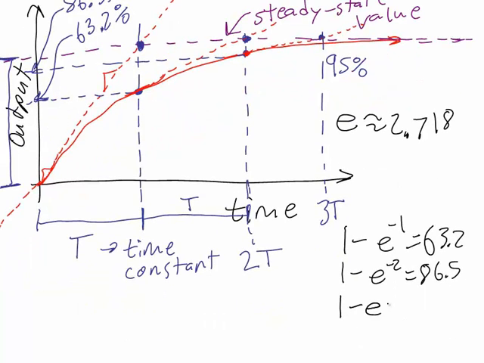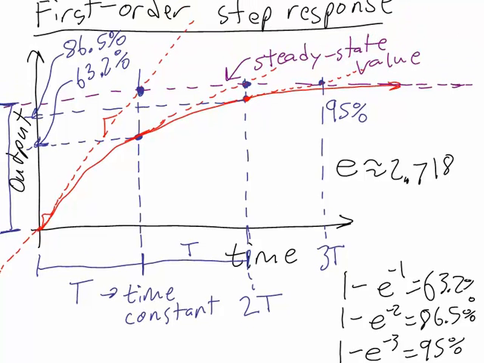If we take the value 1 minus e to the minus third, we get 95. These are all percentages. So the first order step response has its basis in some pretty simple mathematical functions.